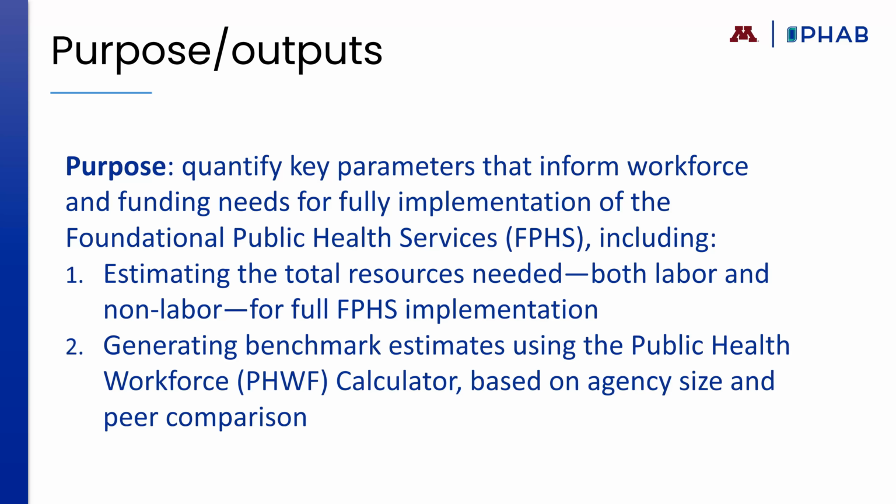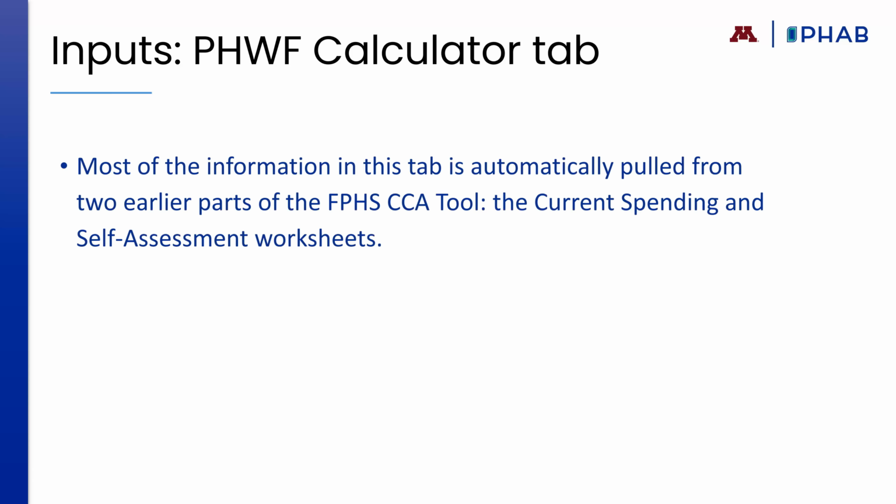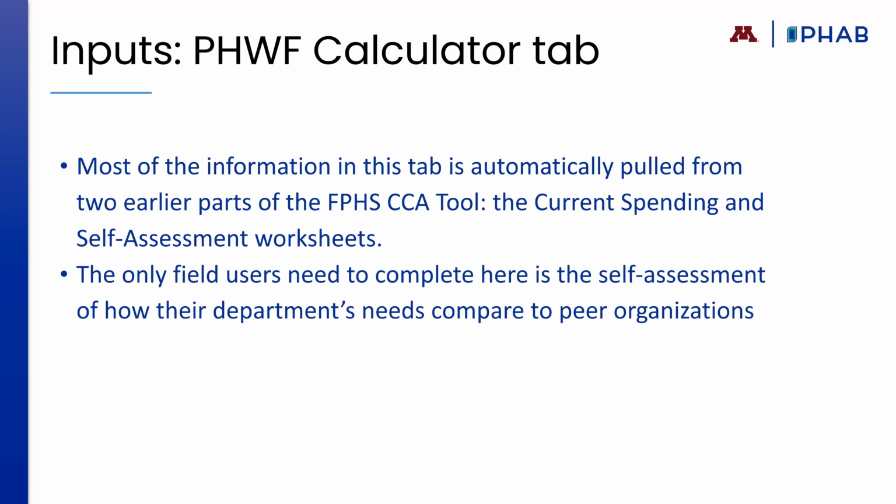The Public Health Workforce Calculator worksheet is designed to estimate how much staffing effort, measured in full-time equivalents or FTEs, is needed to fully implement the FPHS. Most of the information in this tab is automatically pulled from two earlier parts of the FPHS CCA tool, the current spending and self-assessment worksheets. As a result, the only field users need to complete here is a self-assessment of how their department's needs compare to peer organizations.